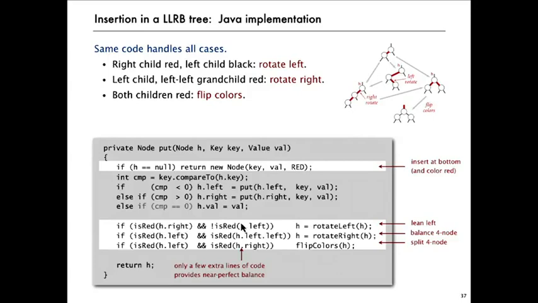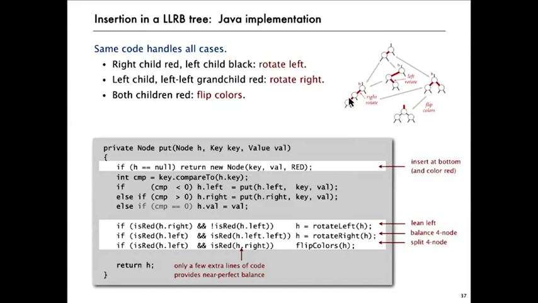So that means h.right is red, so that means that the right link of h is leaning the wrong way. So h is a 3-node leaning the wrong way, so we just rotate left h. Whenever we're sitting on a right red link, we just rotate it left and return that. So in this case here, we'd rotate it left and reduce it to that one.